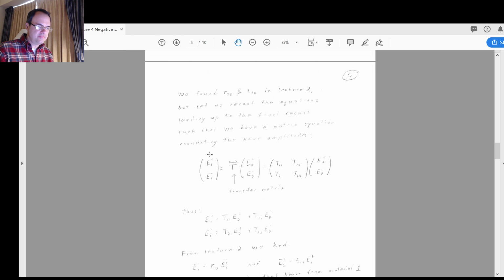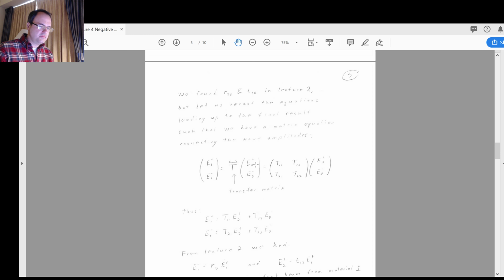And so we have the E1s over here and the E2s over here. That's perfectly fine with the transfer matrix. And so then what that would be is that if you know the fields in region 2, you apply the transfer matrix, and that gets you the fields in region 1. Okay? That's fine.